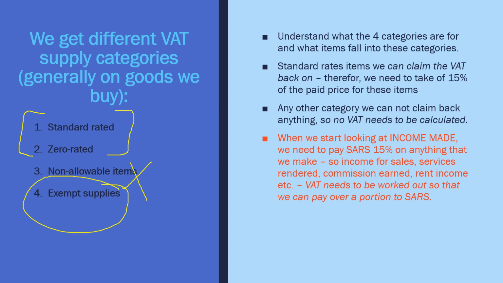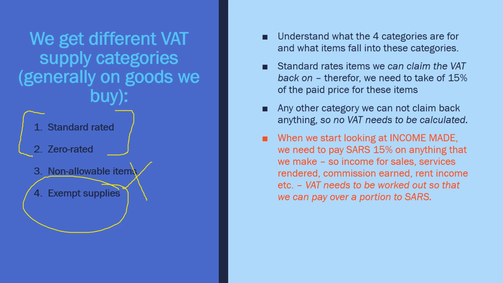I might be a doctor or a dentist, I might not necessarily sell homemade products and cakes and rusks and things. So whatever income I produce, SARS wants 15% of that. So that's how they make their revenue. They take 15% of any sales for a business or any income earned in a business.